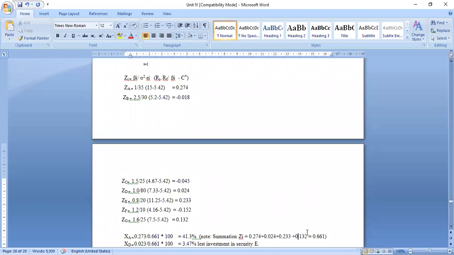So the summation is going to be 0.663 here.